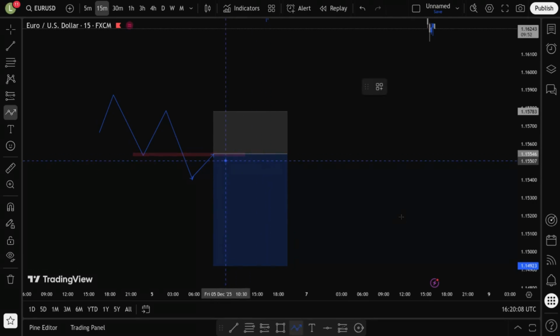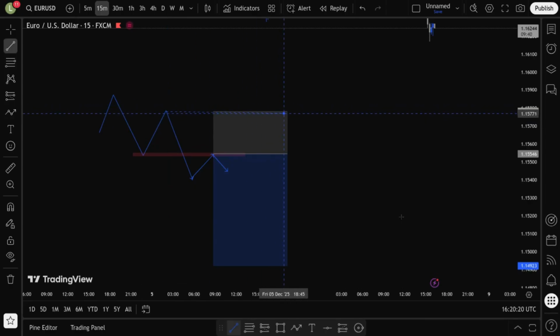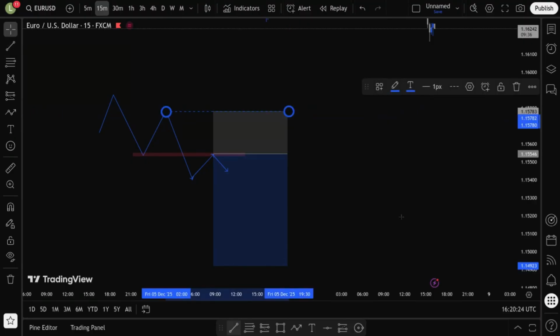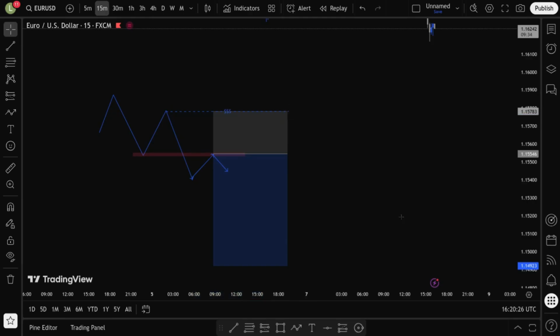Then liquidity will come, and price will do something like this to grab liquidity. So you need to know that this price level is the liquidity. What does that mean? Many traders' stop losses are there. The market needs liquidity to move.